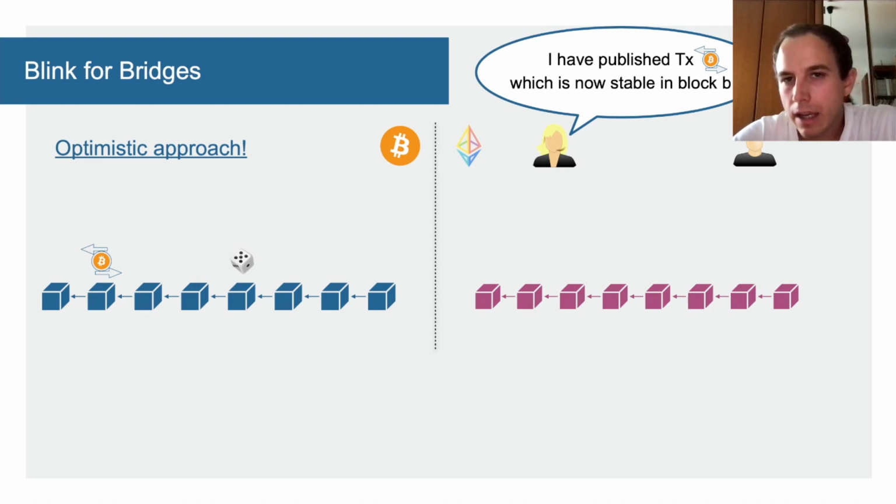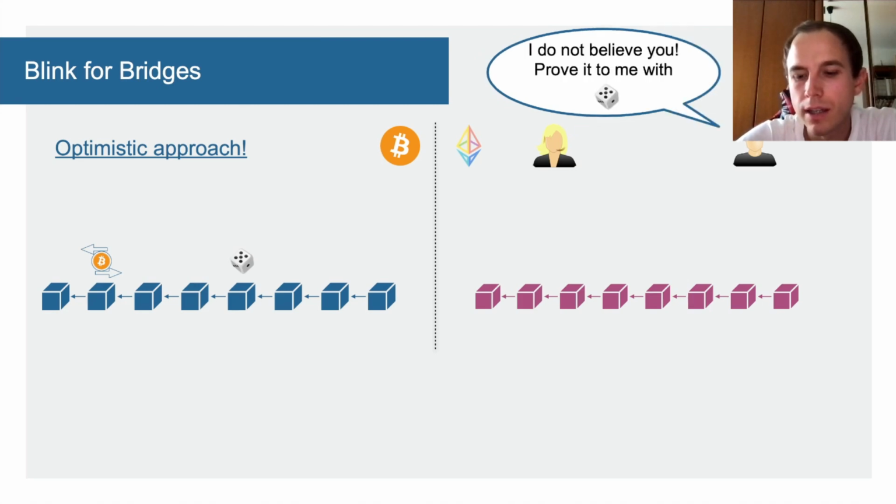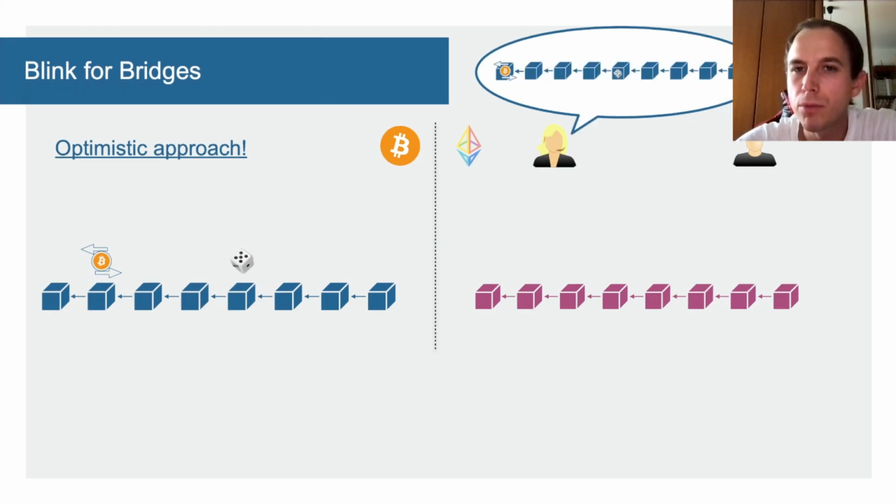Then let's say there is a dispute period that starts. If no one disputes this statement, then Alice will simply be able to withdraw. But if there is a dispute, anyone can say, look, I don't believe you, prove it to me, here is some randomness, and then Alice needs to come up with a proof that consists of 2k plus 1 blocks and contains this randomness. If she's able to provide such a proof, then she can withdraw the money.